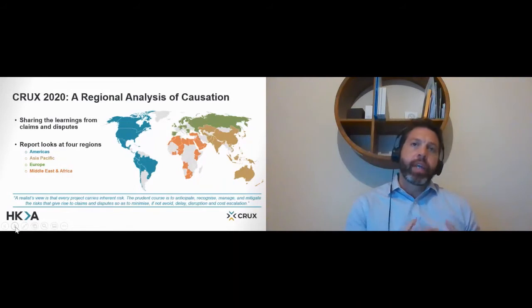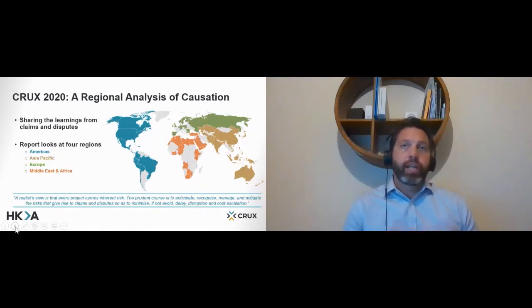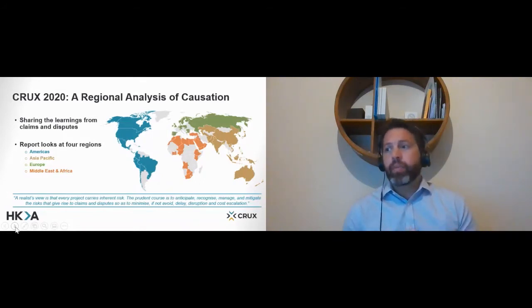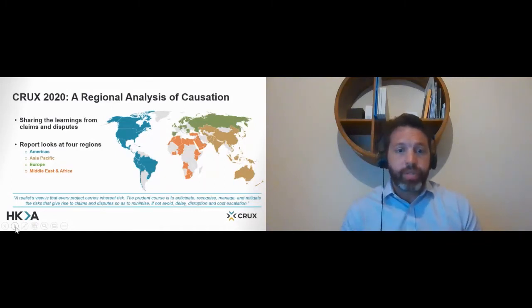And when you're looking at either procuring your project or executing your project, you can be aware that these are the kind of issues that can come up. And that will help you to avoid delay, disruption, cost escalation. That's the best way to use this data, and really the main message I want to get across to you today.